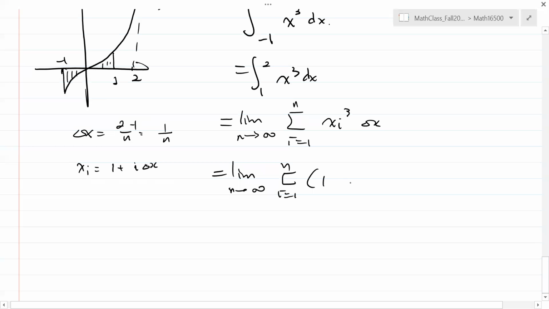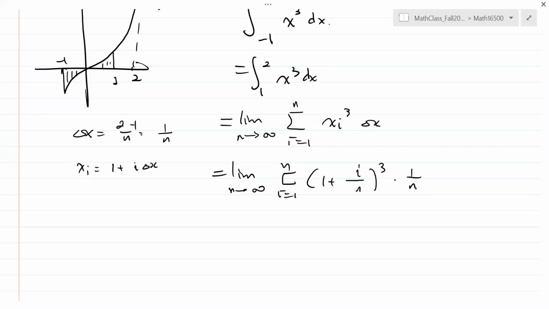You will get 1 plus i over n cubed times 1 over n. Now the problem is this does not simplify the computation. How can I add them together? You have 1 plus i over n cubed. It looks like I simplified the integral, but the cube is not easy to simplify.